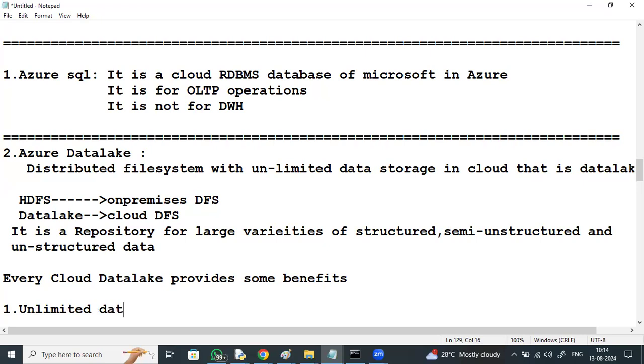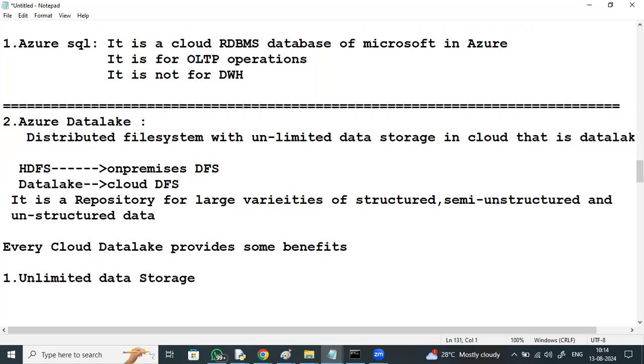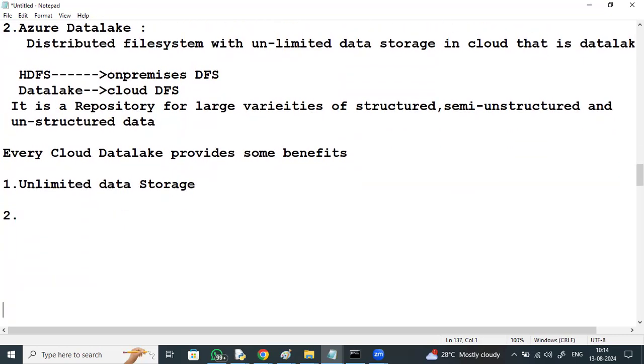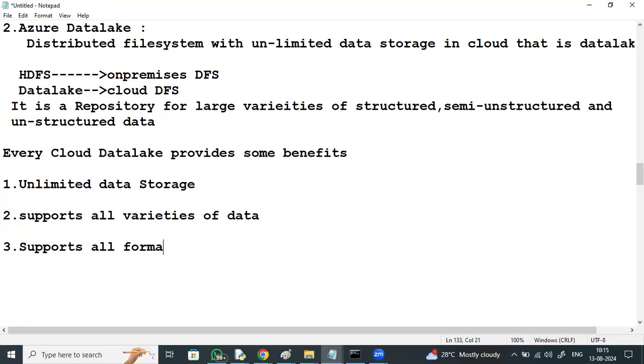Secondly, it supports all varieties of data: structured, unstructured, and semi-structured. It supports all formats of data.